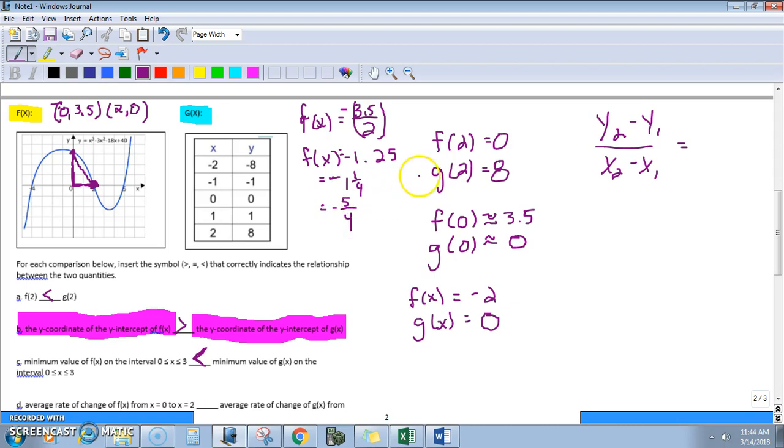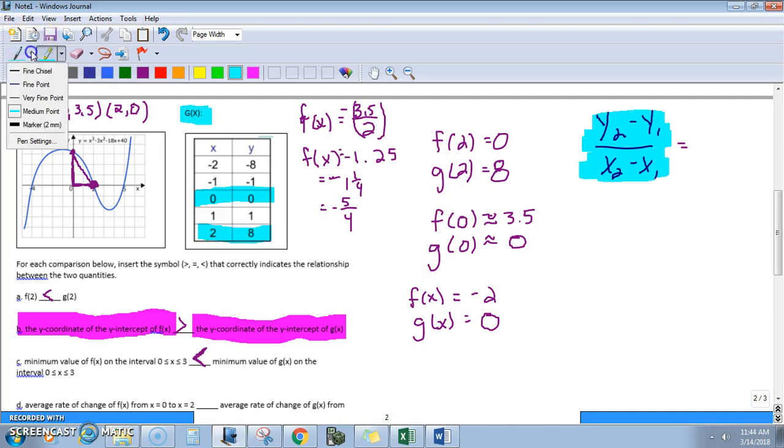Okay. Then we're going to find the slope for g of x, and this time we actually will use the formula over here. Okay. So we're going from 0, 0 to 2, 8. So our formula is, our y2 is 8, our y1 is 0, our x2 is 2, and our x1 is also 0.